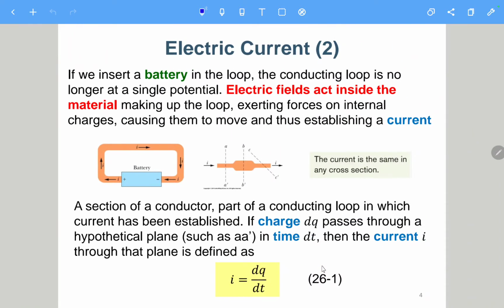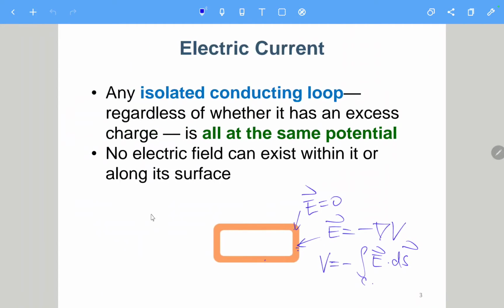Okay. So next, if we insert a battery in the loop, the conducting loop is no longer a single potential. Electric field acts inside the material that makes up the loop, exerting force on the internal charges, causing them to move and thus establish a current. So I think all of you should know what is a battery. If you put a battery here, and this is the conductor connecting the two terminals of a battery, then it will be different from this case.